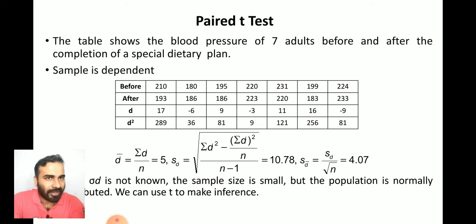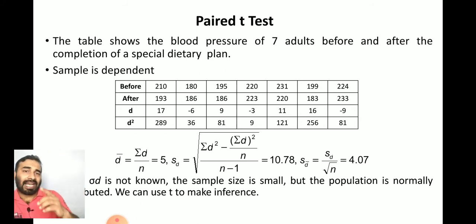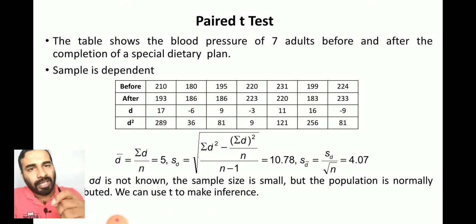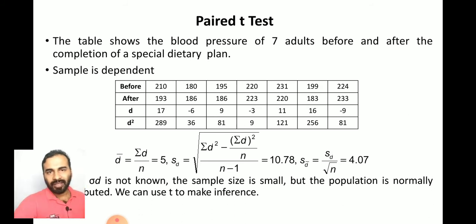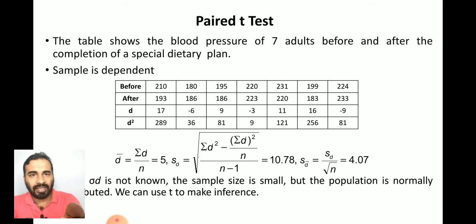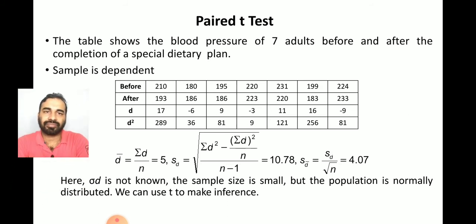To find the standard deviation of the sample, we also need d square: 17 square is 289, minus 6 square is 36.